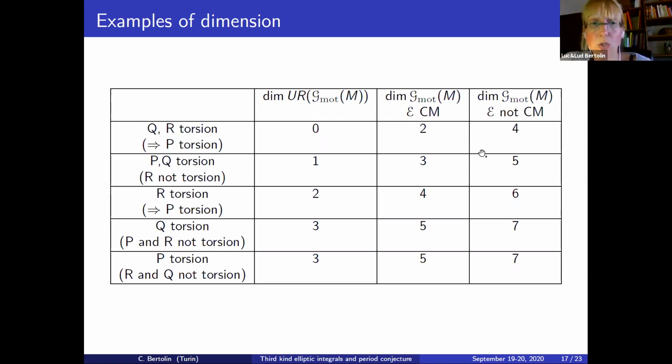Here I just summarize the easier and geometrically interesting cases. Then I want to show you how the conjecture reduces in some of these cases. I don't know how much time I have yet, perhaps 5 minutes.